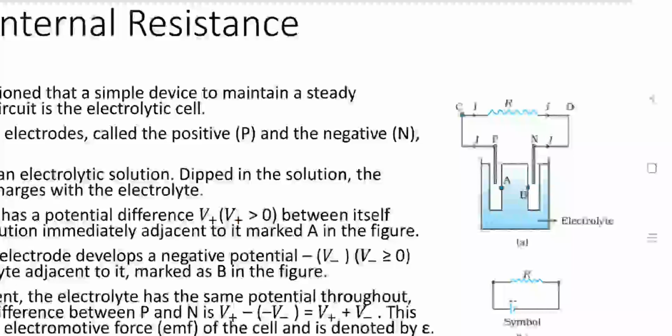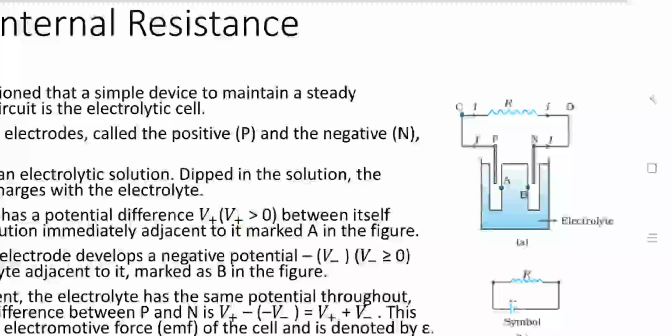Now, generally the internal resistance of an electrolyte is very small, so it can be nullified in a few cases, but not in all cases, because as the cell is different, its internal resistance can be different. Instead of an electrolyte cell, if we choose dry cells, the internal resistance is very high.